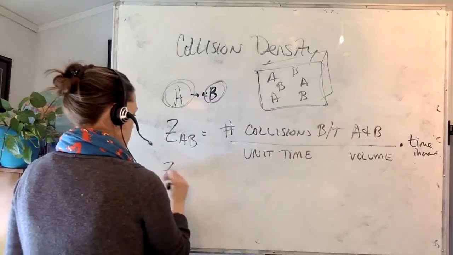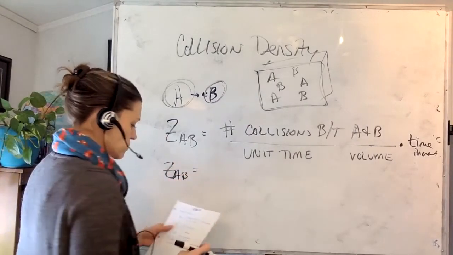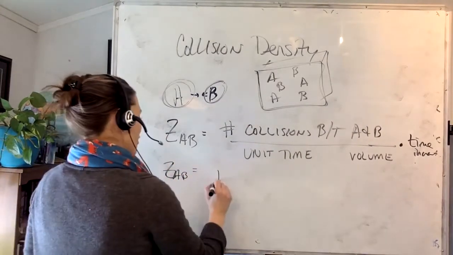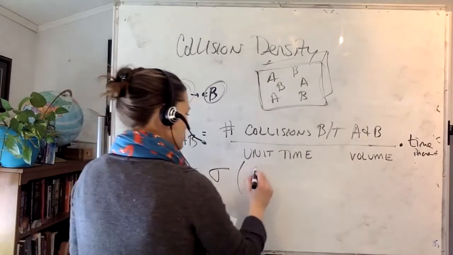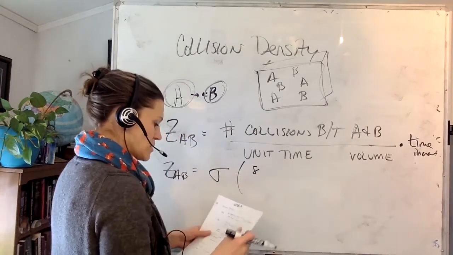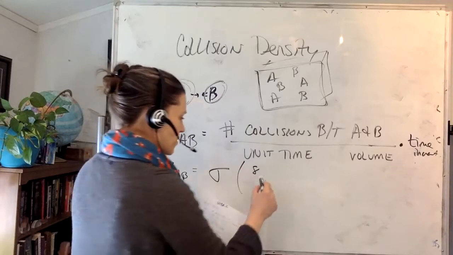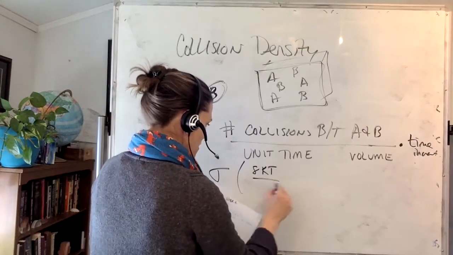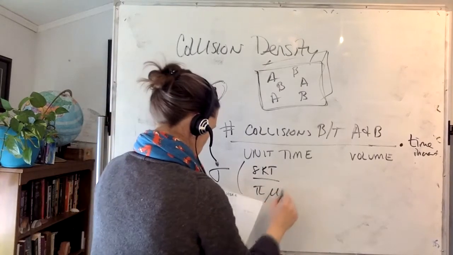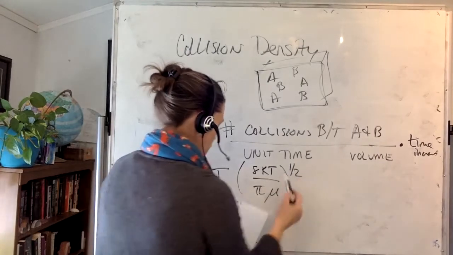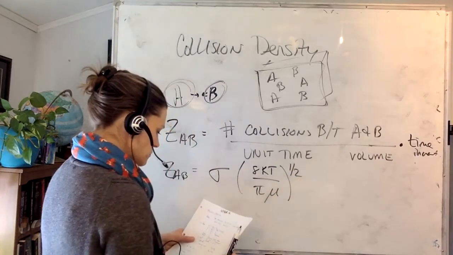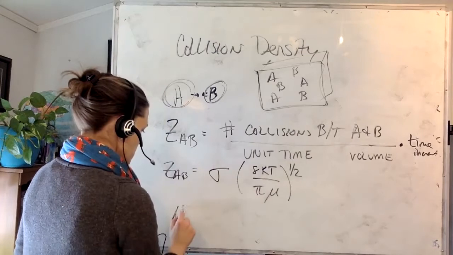The actual number, ZAB, is equal to, get this, the cross section. It's also equal to the relative mean speed of both A and B approaching one another, which is 8kT over pi mu, all of that quantity to the 1/2, where mu is the reduced mass.